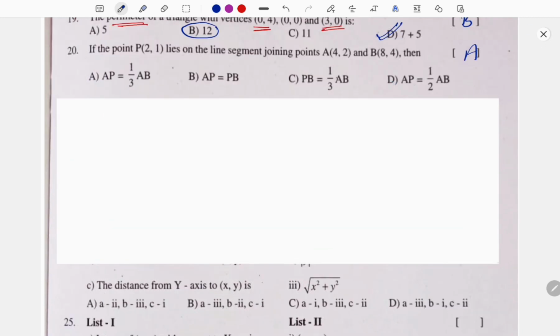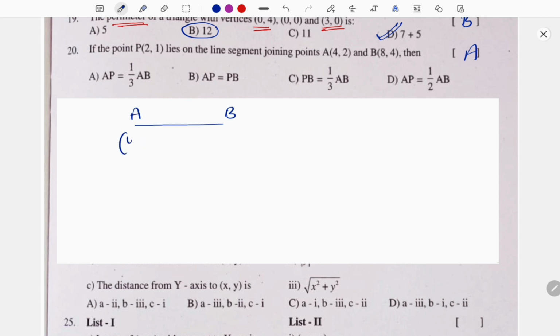Now we are going to discuss question number 20. If the point P 2, 1 lies on the line segment joining A 4, 2 and B 8, 4. Suppose this is the line segment AB.